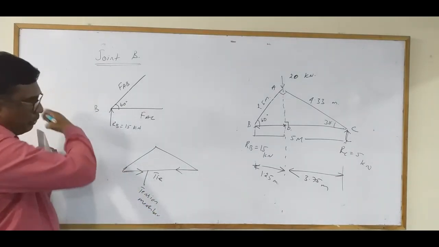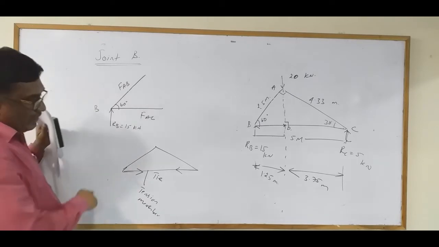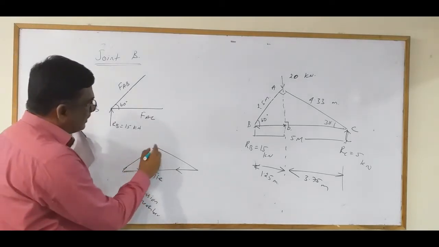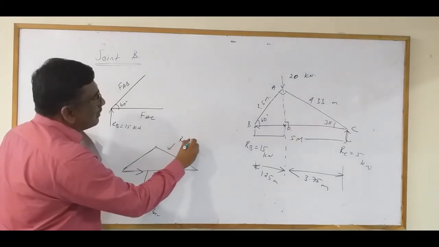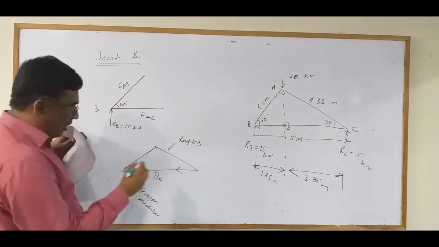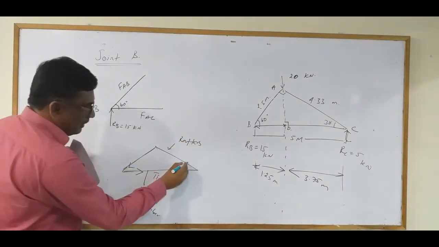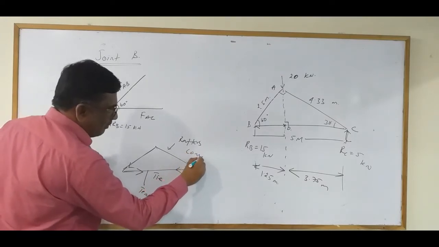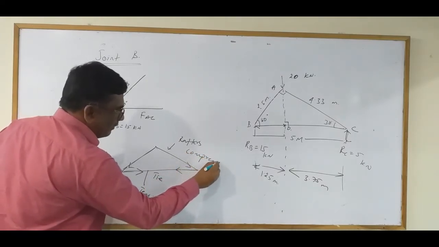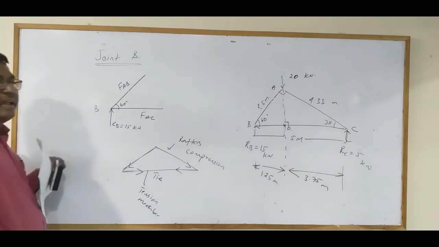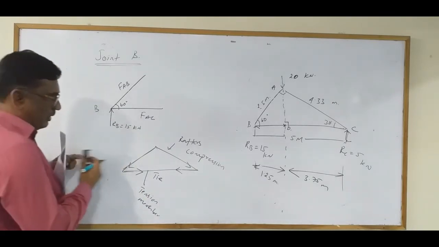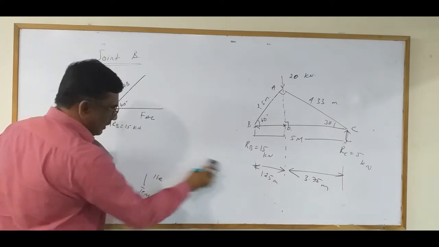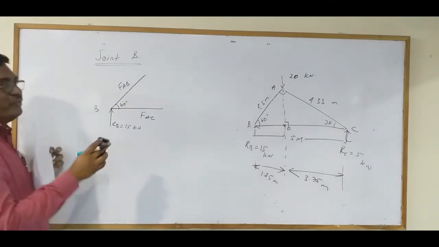In all roof trusses, the upper sloping part is called the rafters. That will always push the joint, so rafters will be compression members. You can very easily remember that. This is one way of understanding the roof truss.